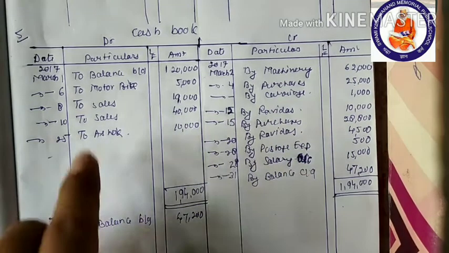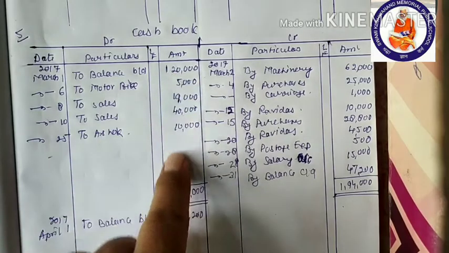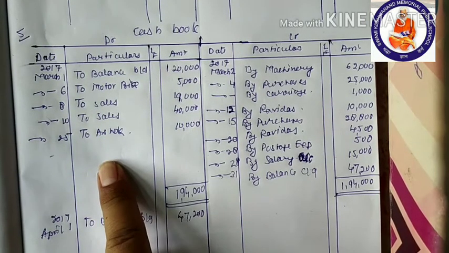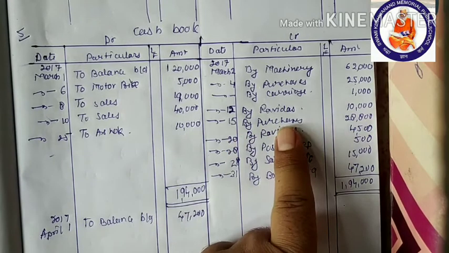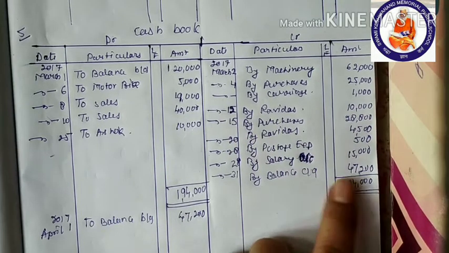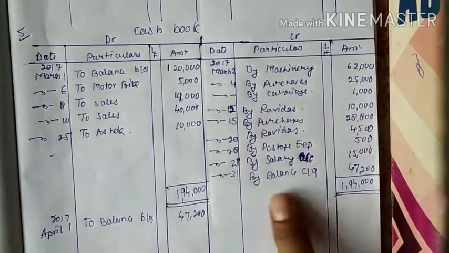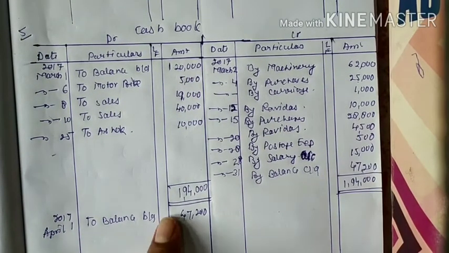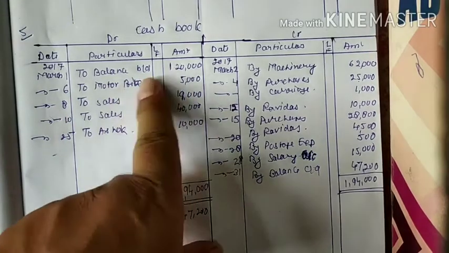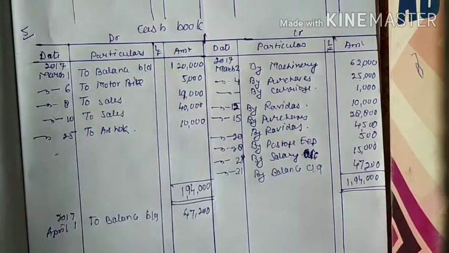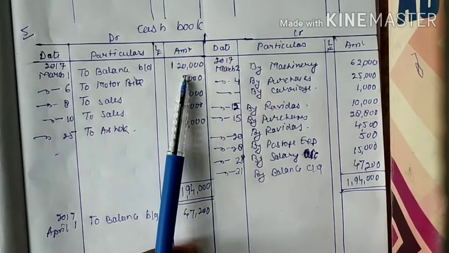What was the opening balance, how much cash came into the business, and how much went out of the business, then the remaining is the balance. This plus this minus expense is equal to the balance, and then we put the balance over here. So first of all, we have taken the opening balance of March 1st, 1,20,000.